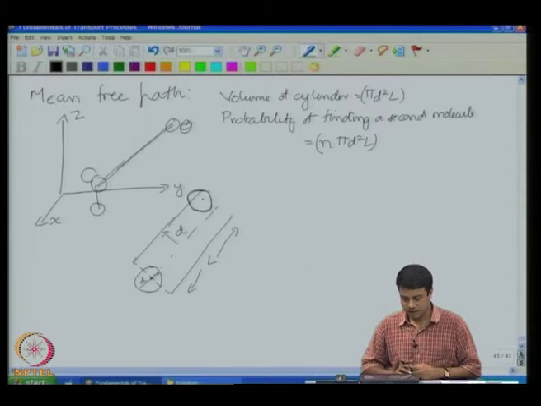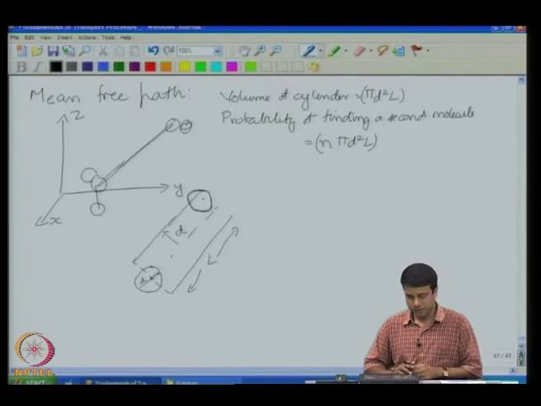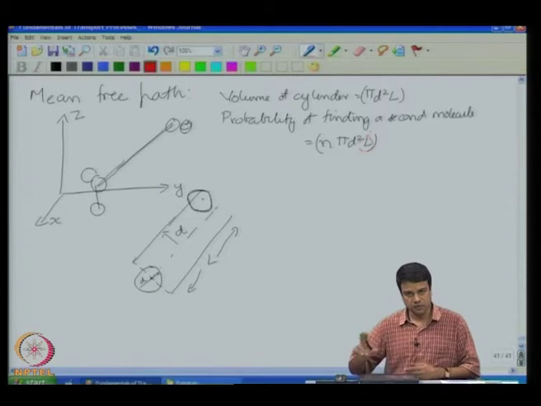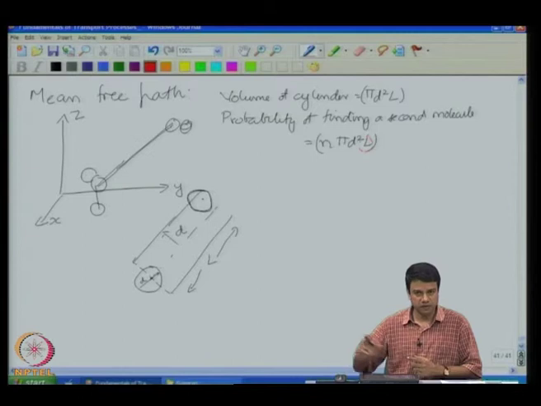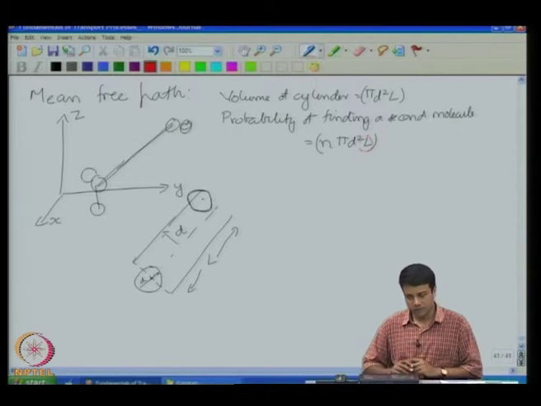As the number of second molecules increases, there is a greater and greater chance of collision. The probability that the molecule will almost certainly collide is 1 when L is equal to the mean free path, because it cannot go much beyond the mean free path. It is very rare for a molecule to go much larger than the mean free path before it collides. So, it is going to undergo a collision when this probability becomes approximately 1, when this distance L is equal to the mean free path lambda.